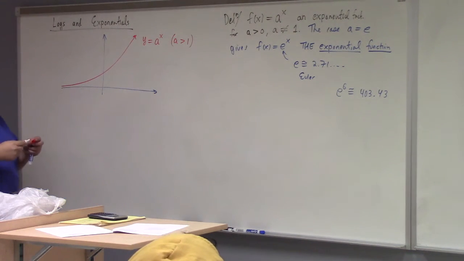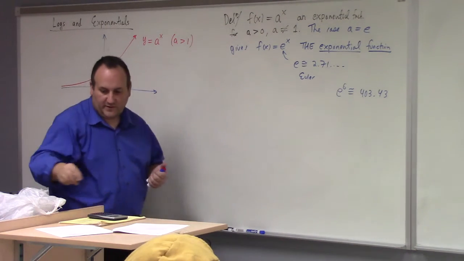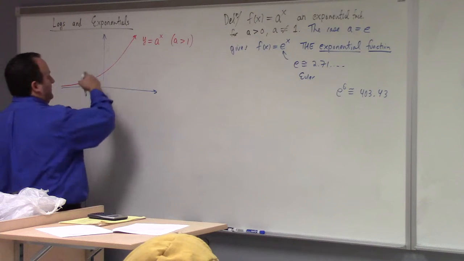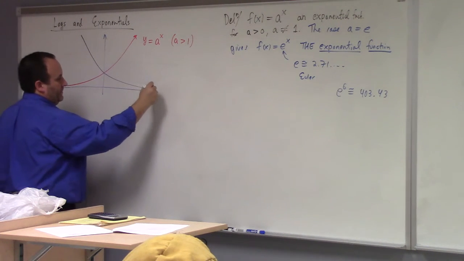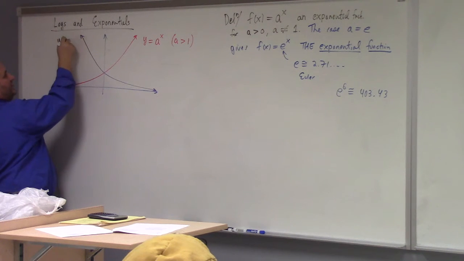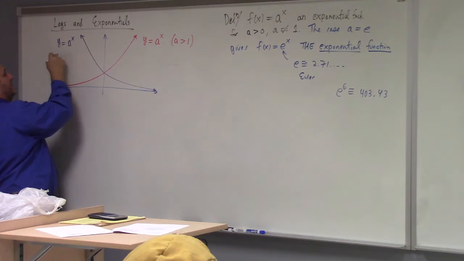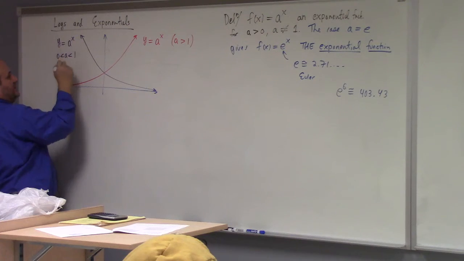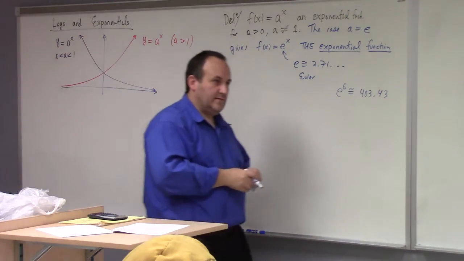And the other possibility is an exponential function that is sort of the mirror of this, the other way, like that. We could say a to the x, but here 0 is less than a is less than 1. So if the base is between 0 and 1, it looks like that.